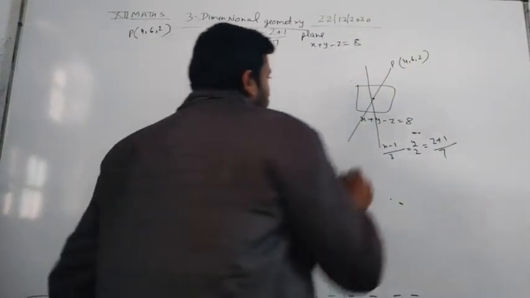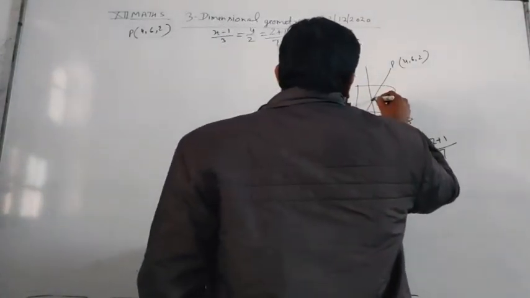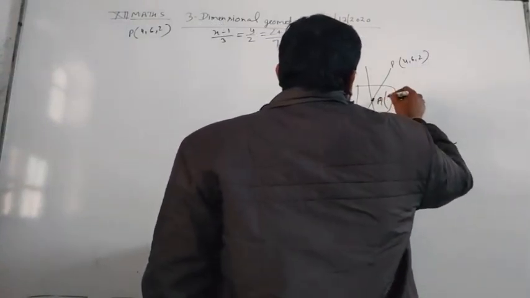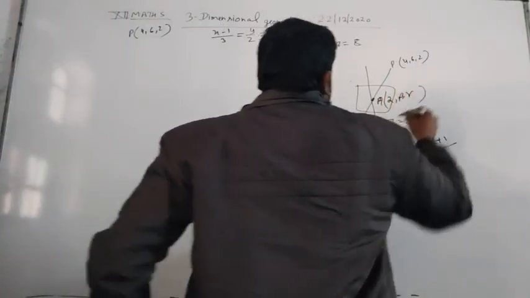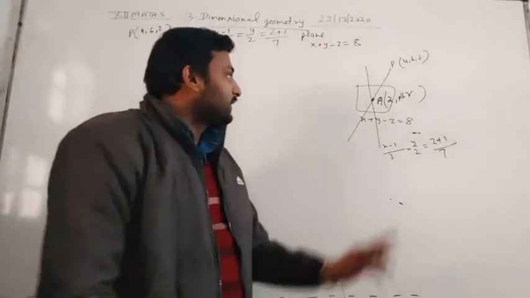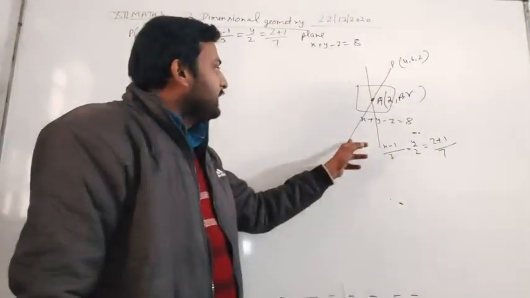We have to find this point A, so we have to find the equation of this line PAB.